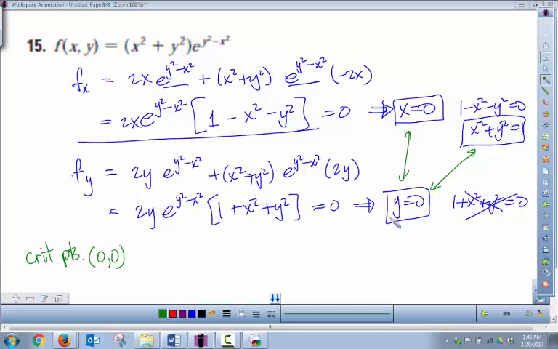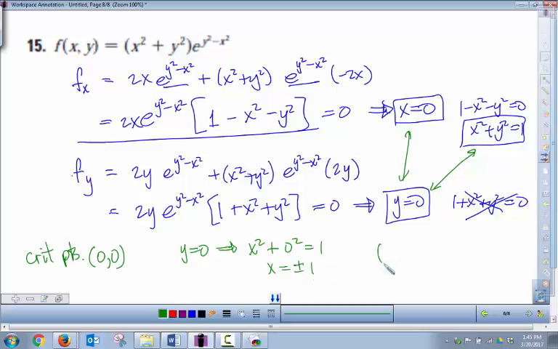So when fy is equal to 0 and fx is equal to 0 from here, then you have other possibilities. So you're probably going to get 2 more points. So when y is equal to 0, put that into x squared plus y squared is equal to 1. So x is equal to plus or minus 1. So now you have 2 more critical points.